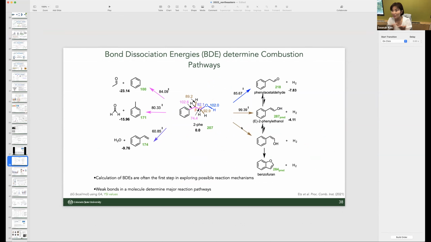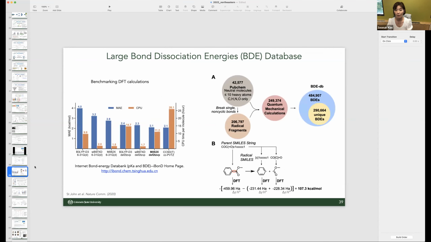However, if you want to screen many, it takes a very long time. So we decided to develop a machine learning tool to predict bond dissociation energy. That is what we did. This is our database: we have almost 500,000 BDEs for our training.